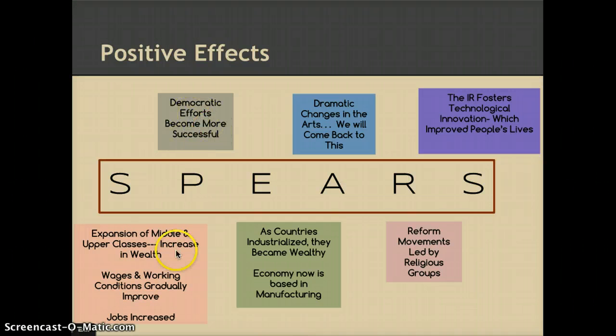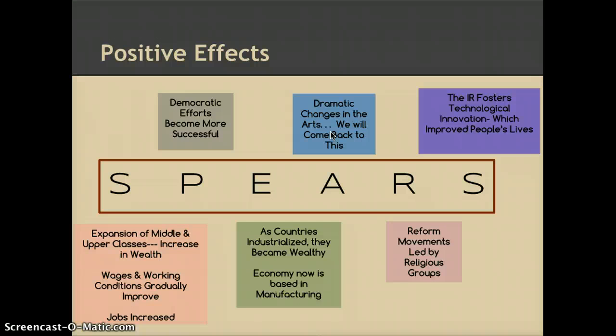Politically speaking, right, with the expansion of the middle and working classes, democratic efforts become more successful. Economically speaking, right, countries now become industrialized, they become wealthy. The economy is now based in manufacturing, right, not on agriculture. We'll start to see some dramatic changes in the arts, but we're going to come back to that. But something to ponder, right? When the camera is invented in the early 1800s, then what becomes of painters, right?